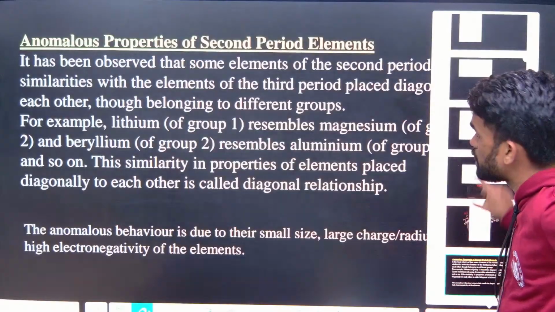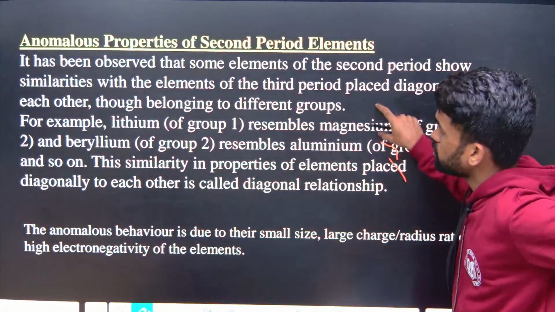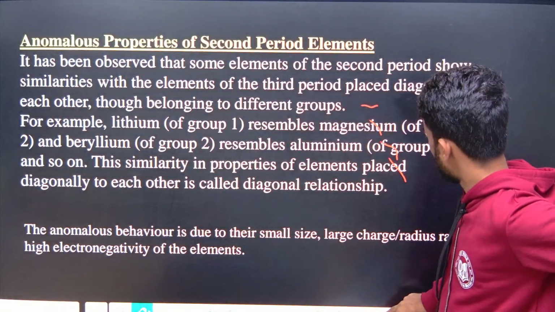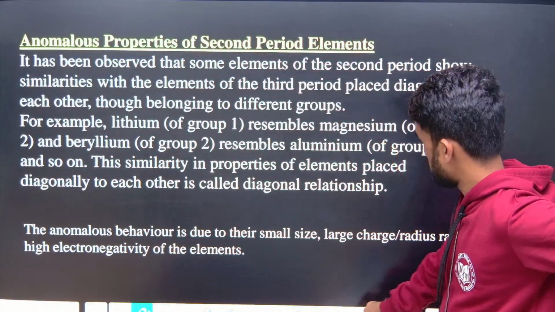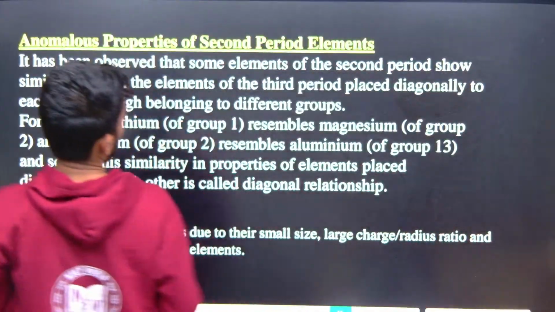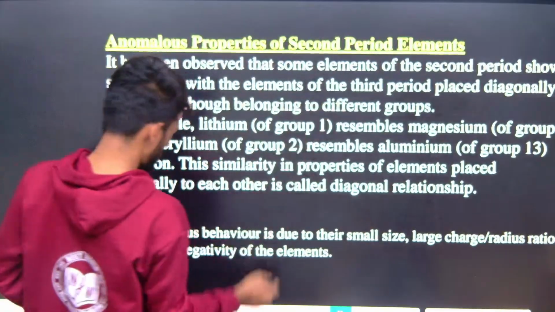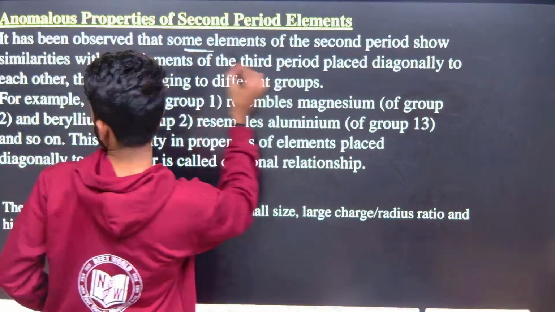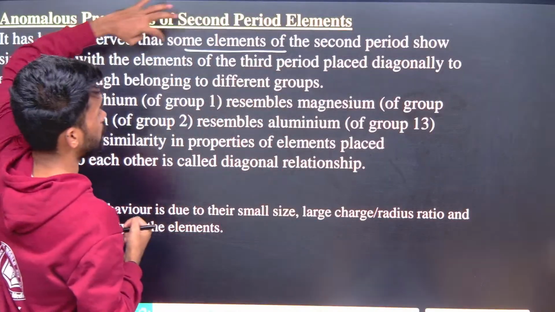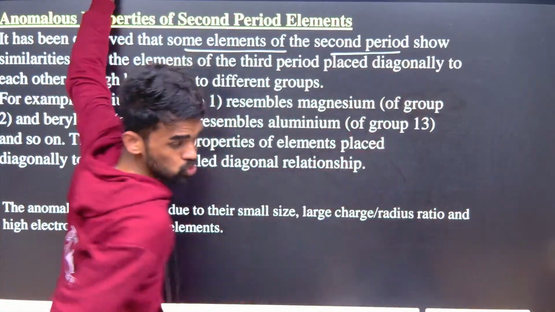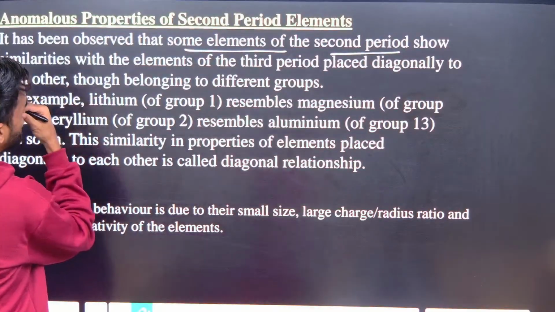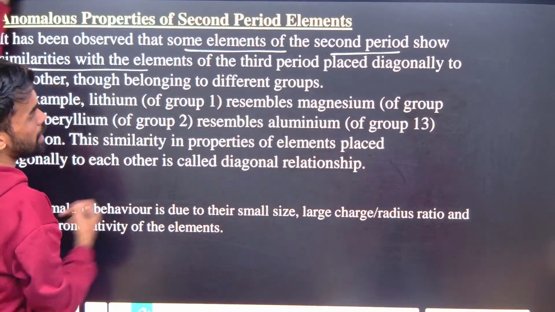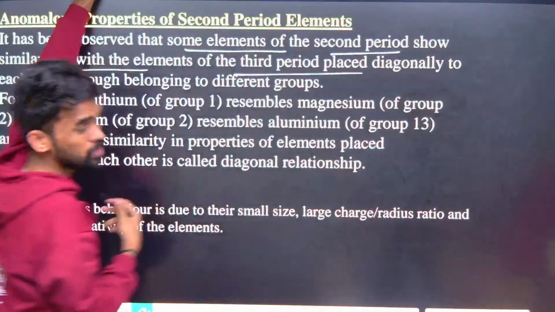Anomalous pairs means some elements of the second period show similarities in properties with the third period elements.